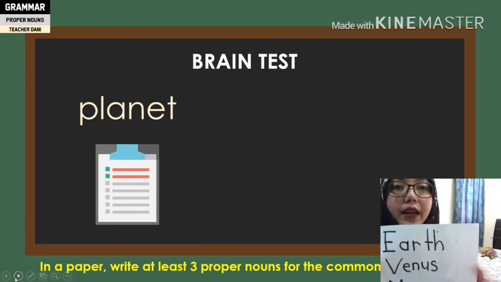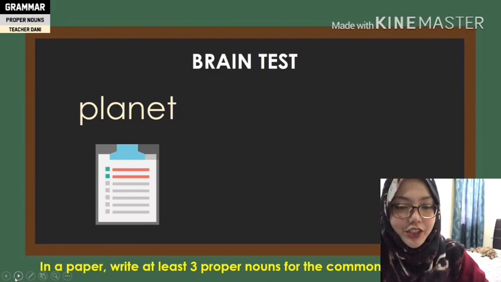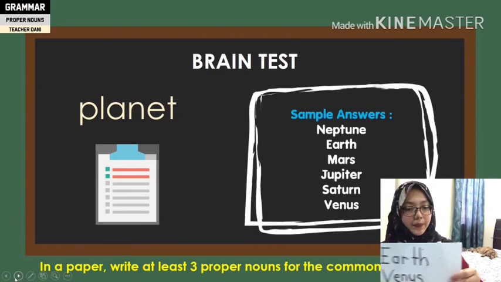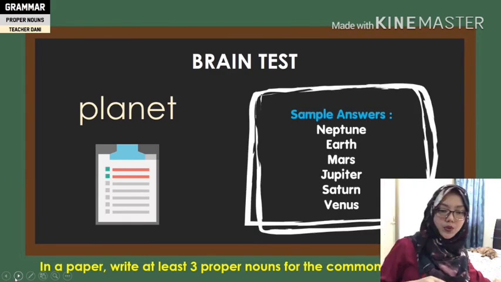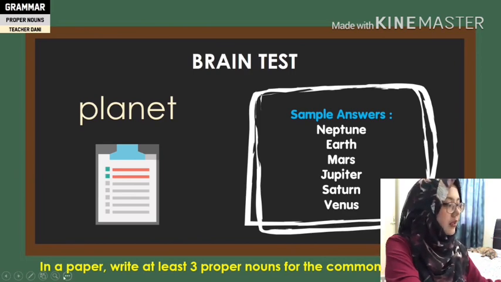Yeah, so we have Earth, Venus, and Mars. Okay, let's check the answer. So the sample answers given are Neptune, Earth, Mars, Jupiter, Saturn, and Venus.